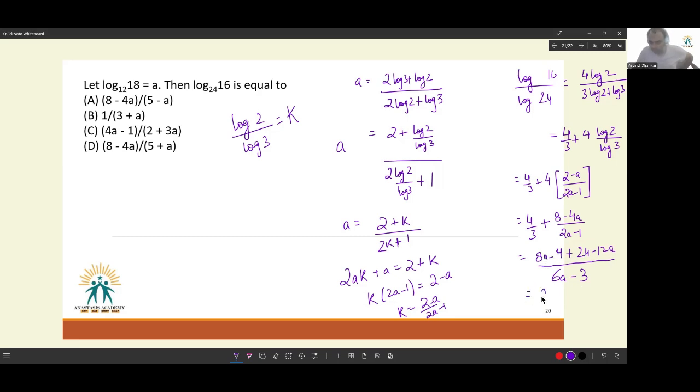So I have (20 minus 4a) upon (6a minus 3). This is very, very saddening. I must have made some mistake along the way.